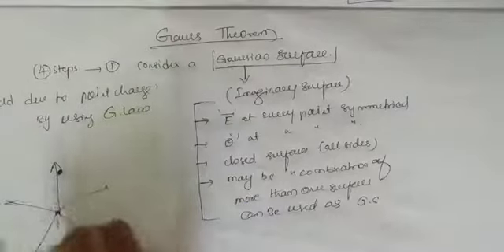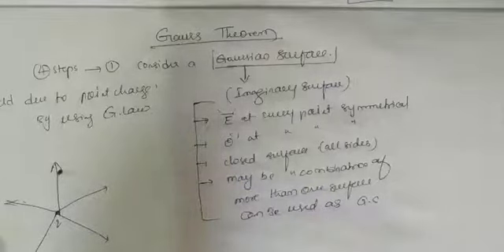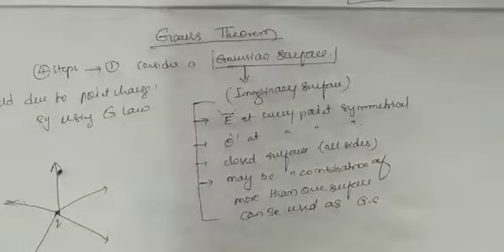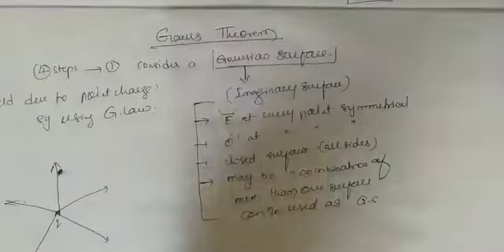Now around the charge I am considering one Gaussian surface. The Gaussian surface is imaginary and it is a closed surface. Closed surface means we can use a sphere, or a cylinder, or a cuboid like that. The first condition is that E and theta must be the same.